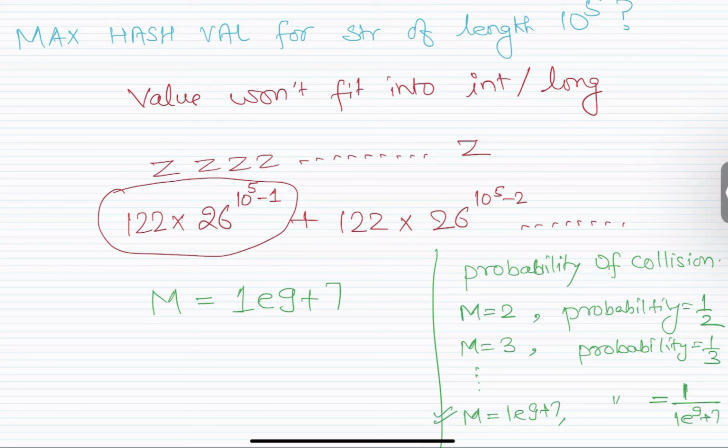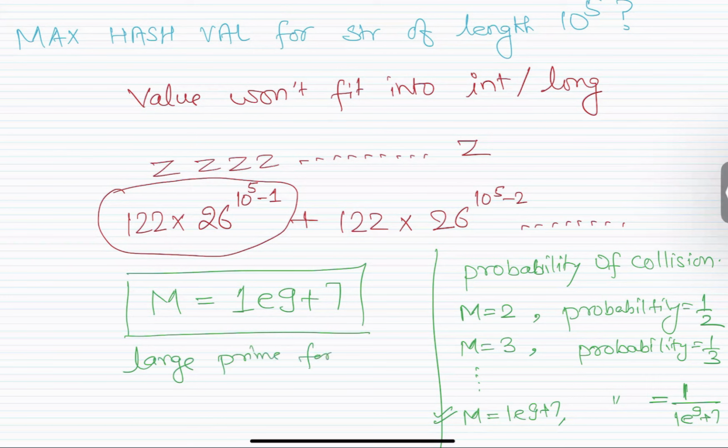Yes. And if that larger value is prime, that is even better because when you divide, there are no common factors, so you kind of get co-prime. So having mod as a larger prime number is always a good idea.